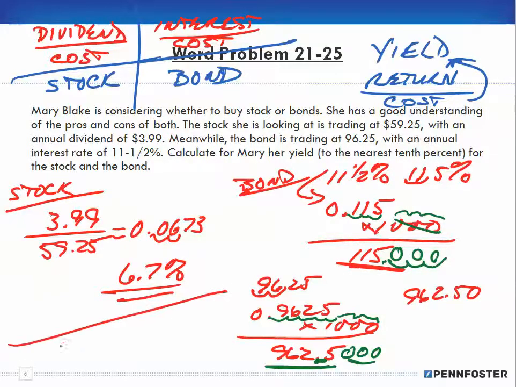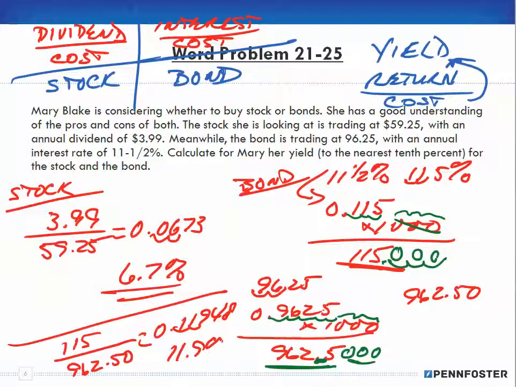If I take the 115 and divide it by 962.50, I end up with 0.11948, converted into a percentage, 11.9%. So my yield on my stock is 6.7%, and the yield on my bond is 11.9%.